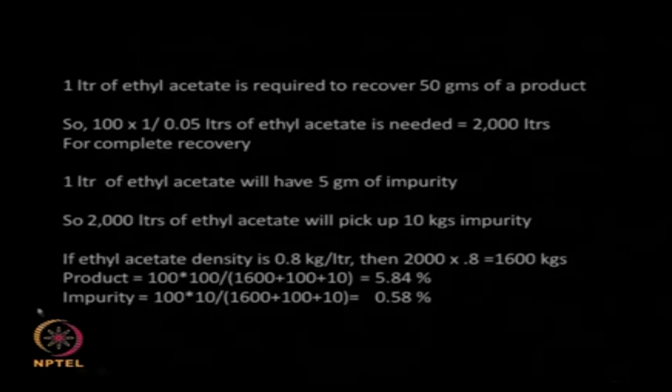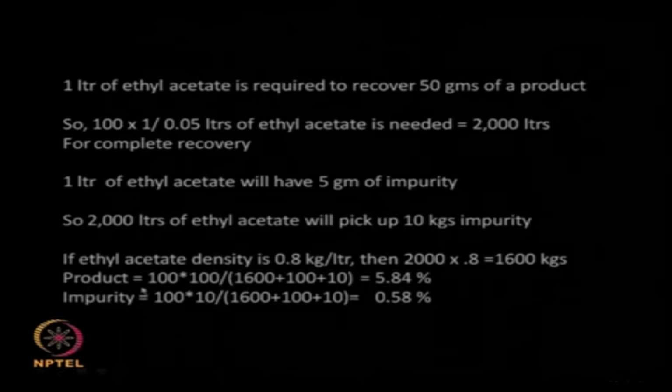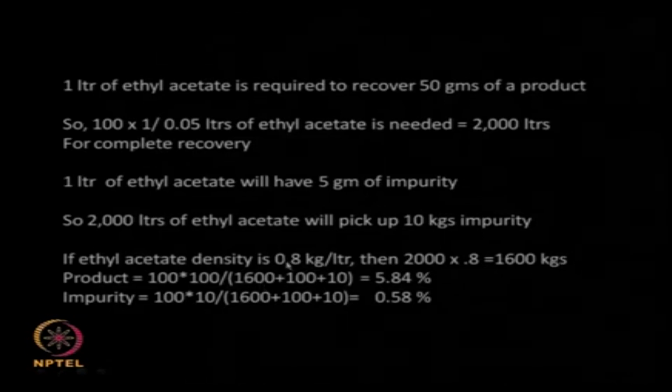So what is the percentage if I calculate product? Taking ethyl acetate density as 0.8 kg per liter, 2000 liters will give me 2000 into 0.8, that is 1600 kg. So 100 divided by 1600 plus 100 kg of product plus 10 kg of impurity, multiplied by 100, you get 5.84%.